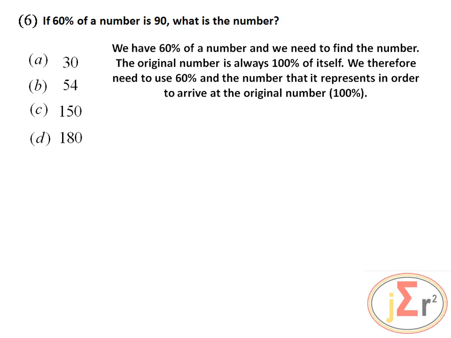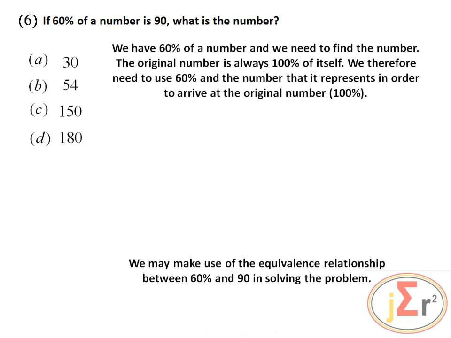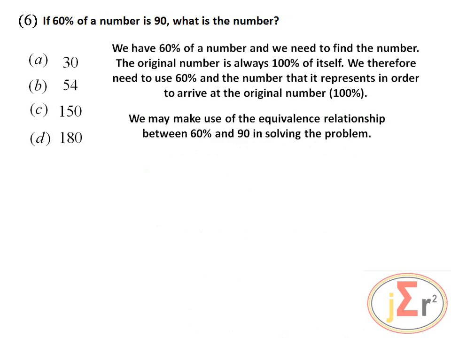We therefore need to use 60% and the number that it represents in order to arrive at the original number, which is 100%. We may make use of the equivalence relationship between 60% and 90 in solving the problem.